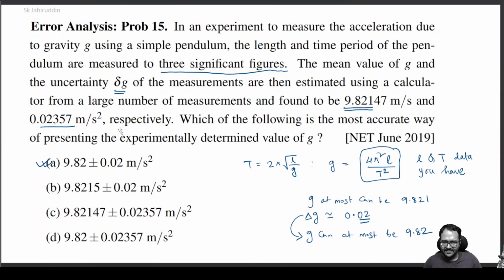Then this is not a good way to write the error. These are insignificant digits. Error is up to this, and that 0.02 deletes another digit from G, and it restricts it to 9.82. So things will become simpler very quickly. Don't worry.